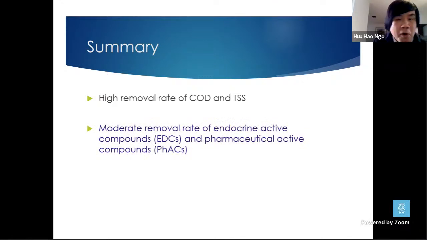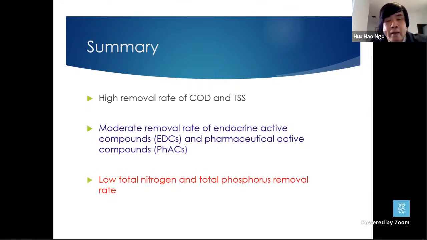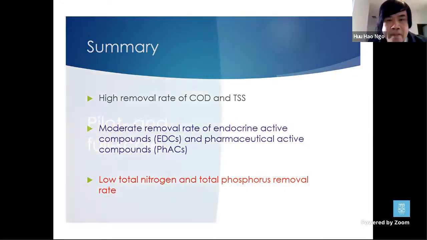And moderate removal rates of endocrine active compounds and pharmaceutically active compounds are not bad when we use anaerobic treatment to remove them, and even for antibiotics, we work on that and we know it's pretty good as well. But sadly, total nitrogen and total phosphorus removal rates are very low. So that's why it's very disappointing about this system, about the nutrient removal.